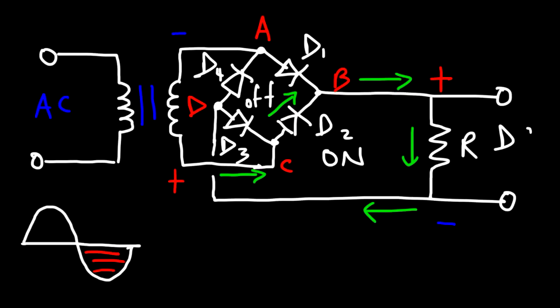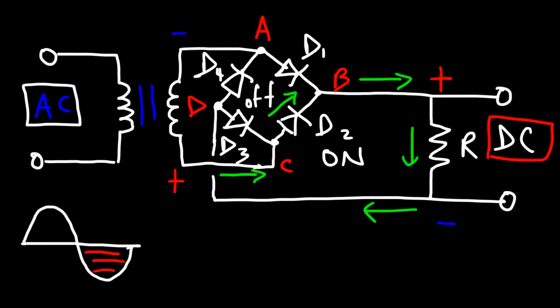Thus, we now have a DC signal as opposed to an AC signal. And so the full wave bridge rectifier circuit is very useful if you want to convert an AC power source into a DC power source.